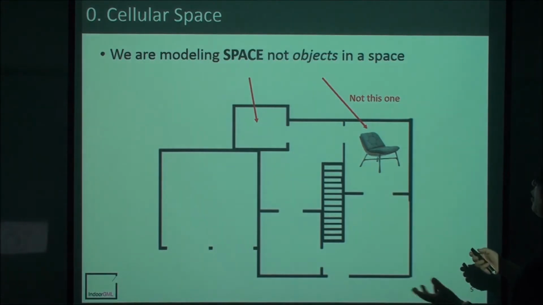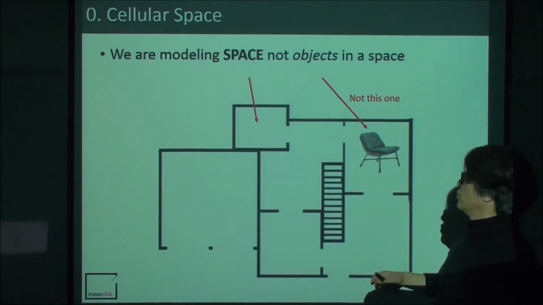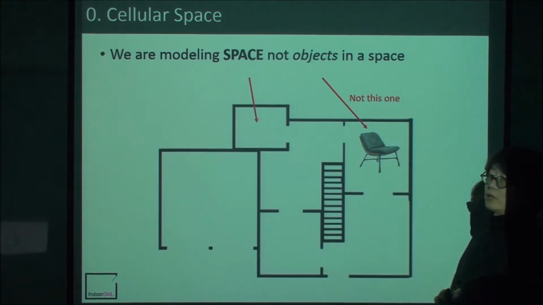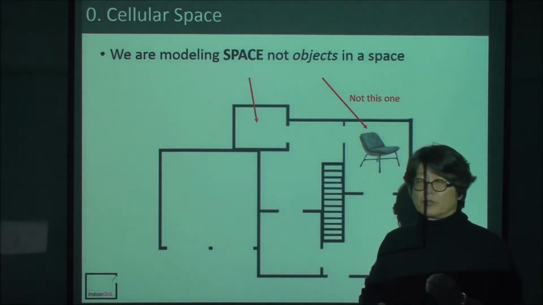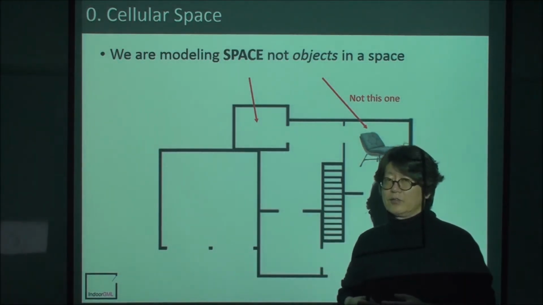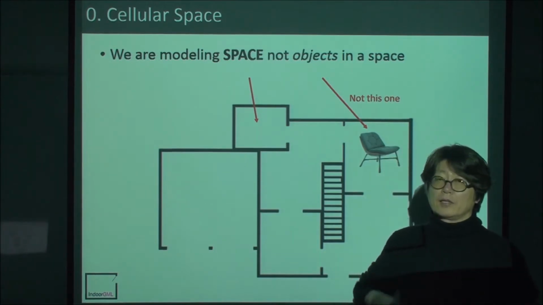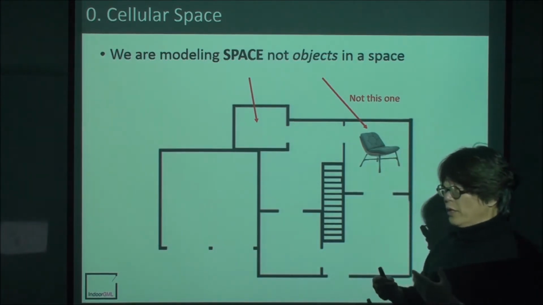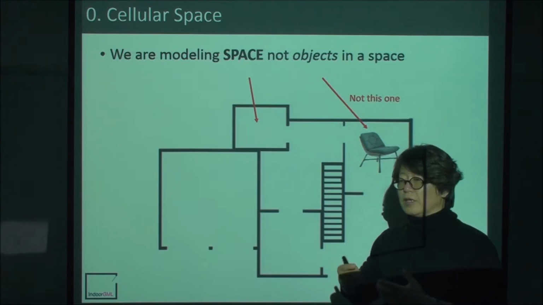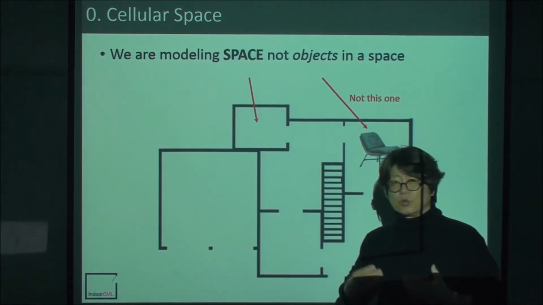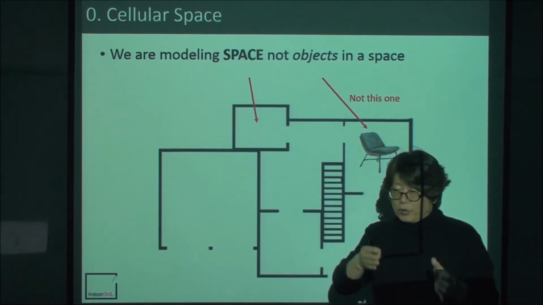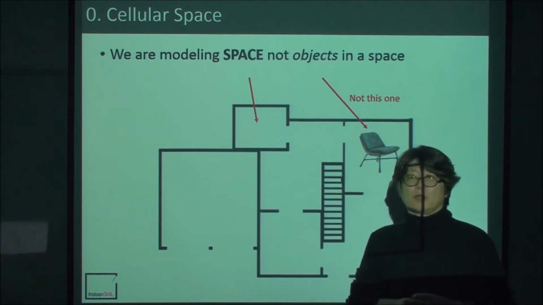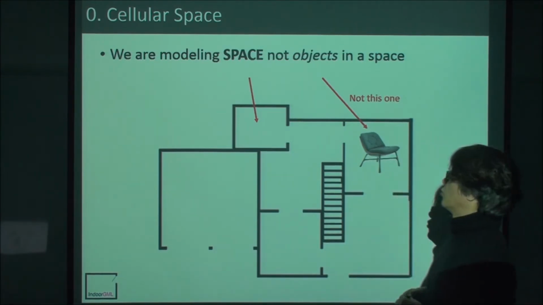We are modeling the space in indoor, not the object like this one. This is the main difference between the previous standards dealing with indoor space and IndoorGML. This is the main motivation of IndoorGML. So we focus on the space modeling of indoor space.